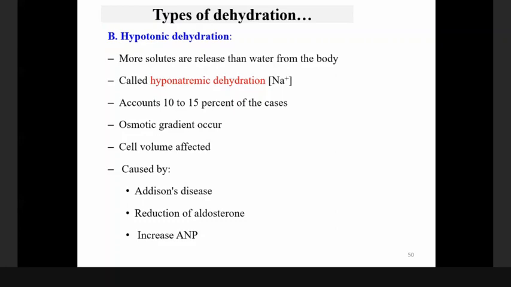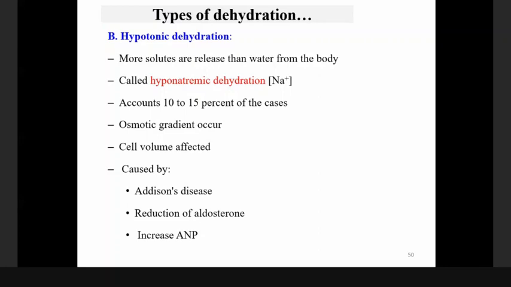Osmotic gradient is created so that water is going to enter into the cell, and the cell volume is going to increase, and that can result in turgidity or breaking down of the cell. Addison's disease is one of the causes.